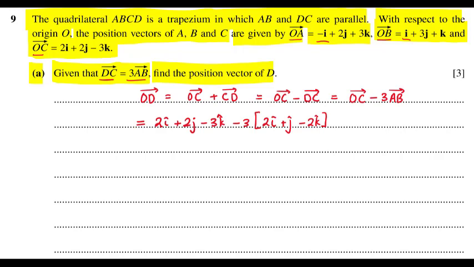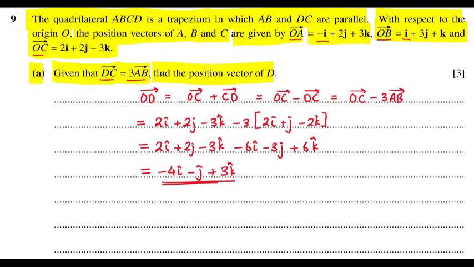That's the AB vector. Simplifying, it is 2i cap plus 2j cap minus 3k cap minus 6i cap minus 3j cap plus 6k cap. Collecting them together we get -4i cap, -j cap and plus 3k cap. That's the position vector of D, or OD vector.